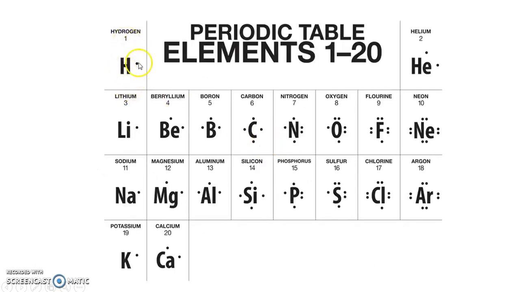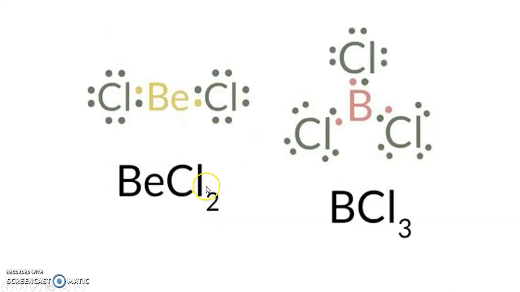Again, as you know, hydrogen has 1 dot. The group 1 elements have 1 valence electron, and group 2 has 2, group 3, group 4, group 5, group 6, group 7, and group 8. Remember it's fluorine as well, so be very careful how you draw your dots.